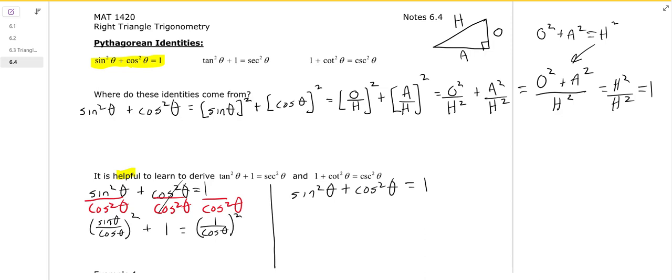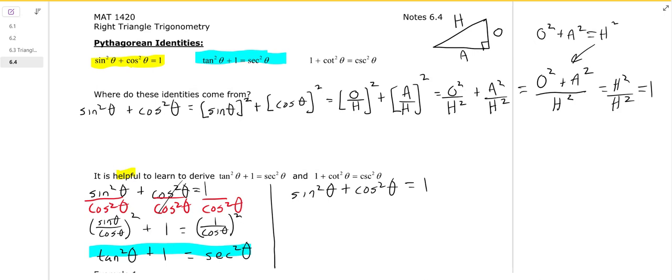Well, we looked on the previous page that the ratio identity, the sine over cosine, is the tangent. So this would give you tangent squared theta plus 1. Reciprocal identity, 1 over cosine, is equal to the secant squared of theta. So what you get is this second identity, and that's a real quick way to derive that in case you forget it.